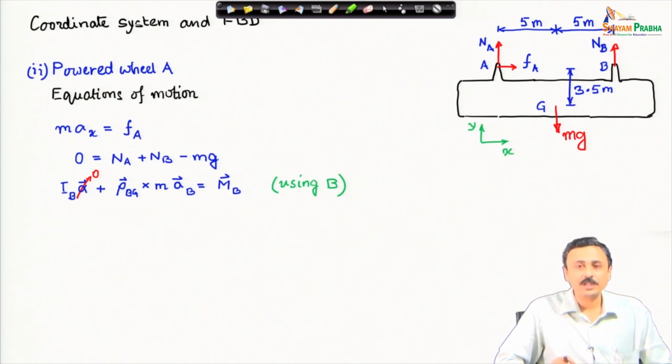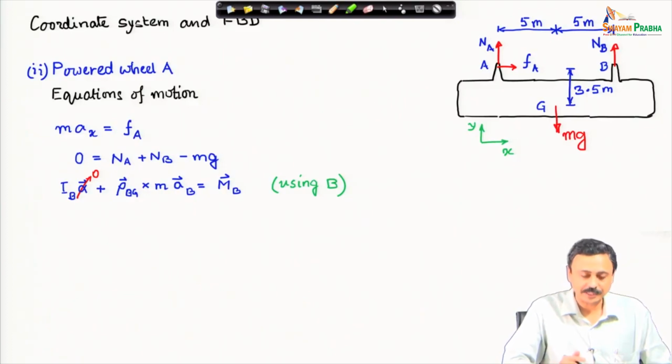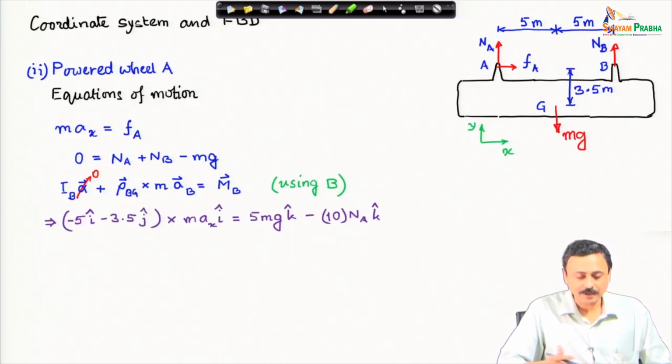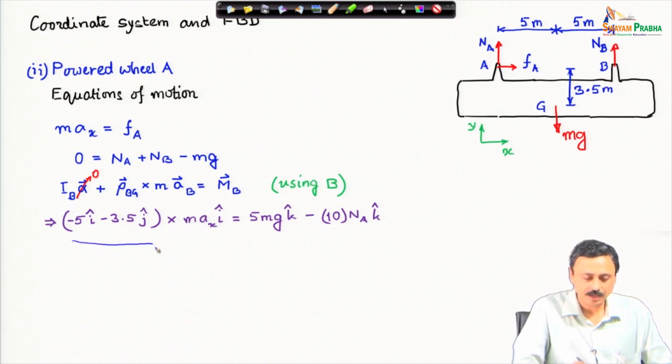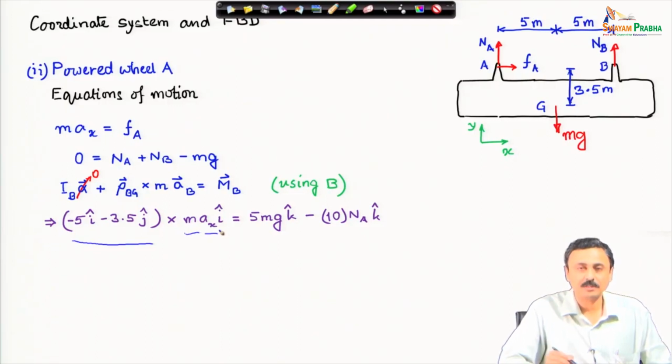Now, I write the rotational dynamics equation about point B, the center of wheel B, and I express rho_BG in this coordinate system that I have taken. This is rho_BG times the mass of the whole car times the acceleration of point B, which is the same as the acceleration of the car, A_x.